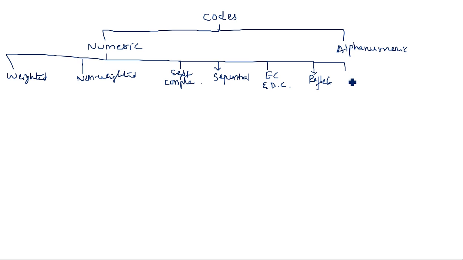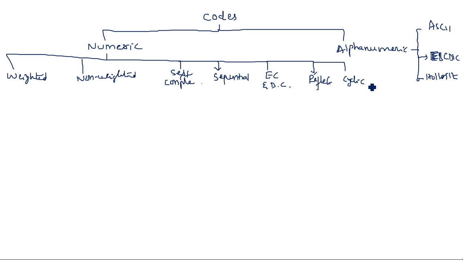Next, cyclic code. In alphanumeric, we are having specifically only three: ASCII code, EBCDIC code and Hollerith code.